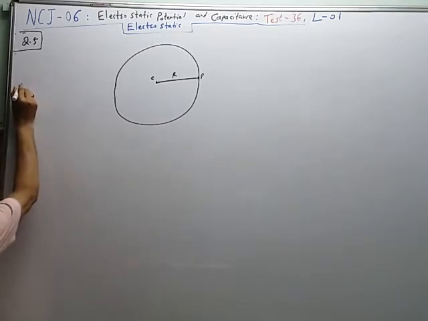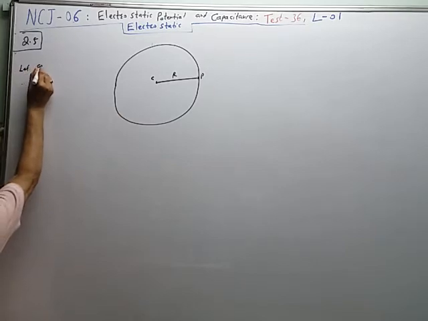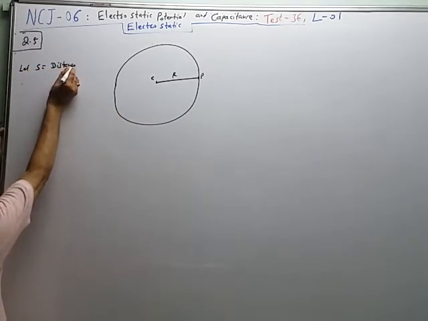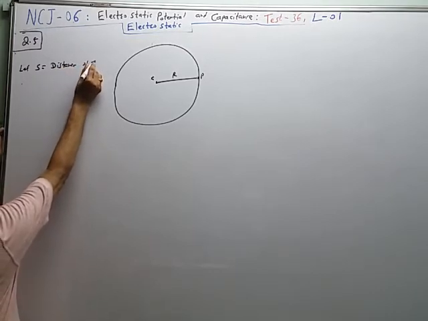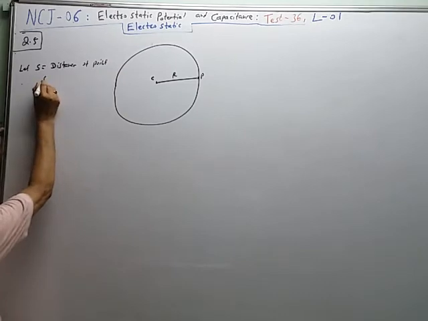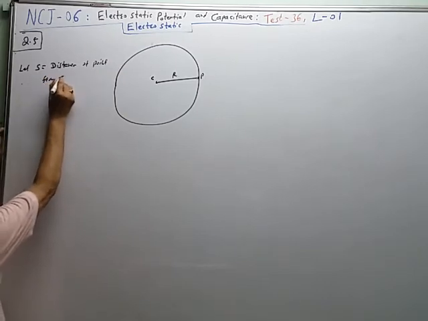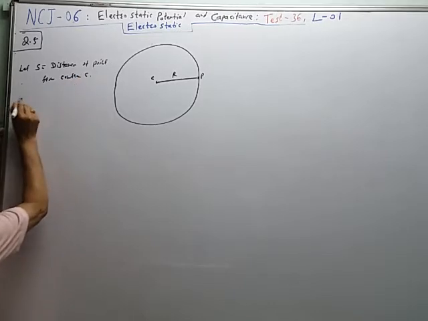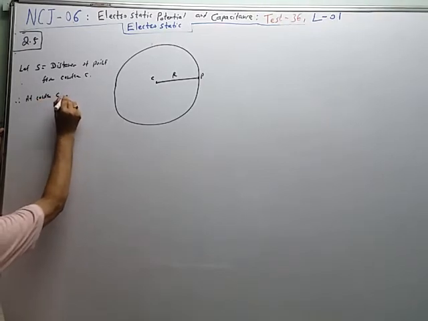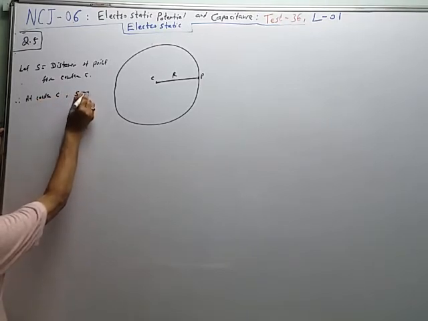Let S be the distance of a point from center C. Therefore, at center C, S is equal to 0.